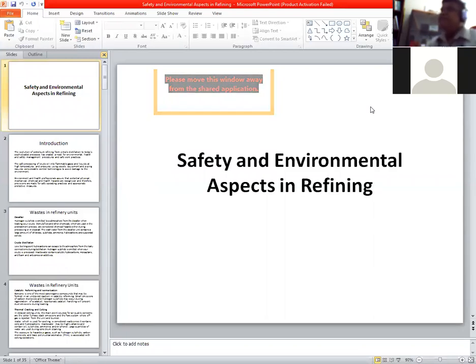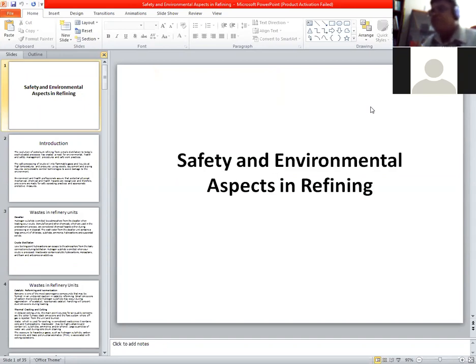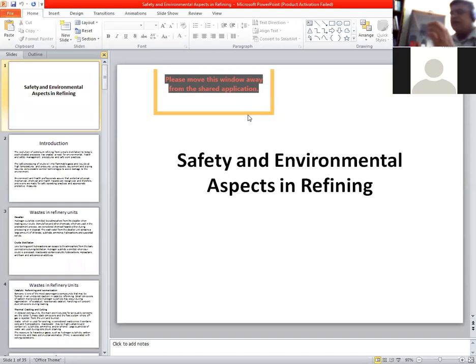That emission is actually called fugitive emission. Fugitive means that the vapor or gases leak out due to poor connections in the flanges.